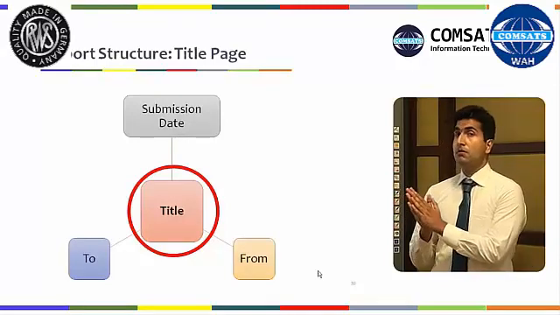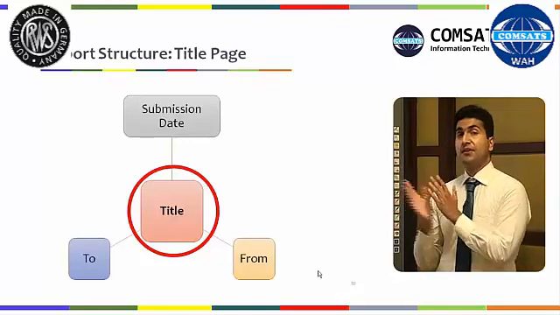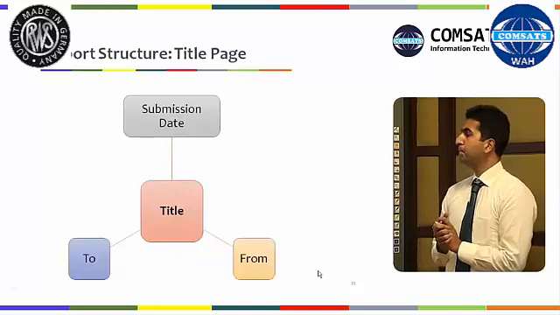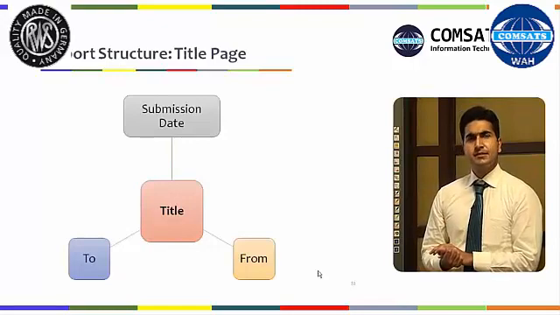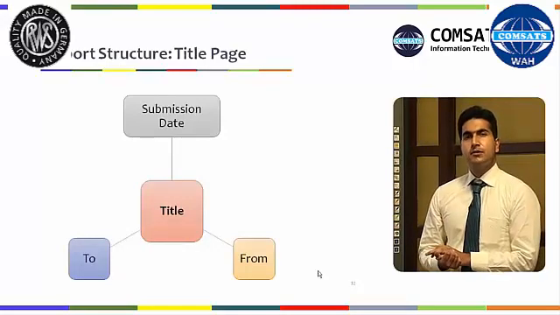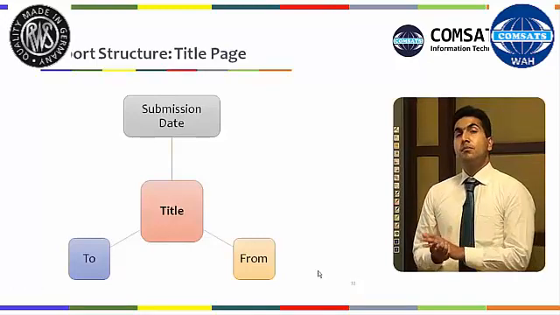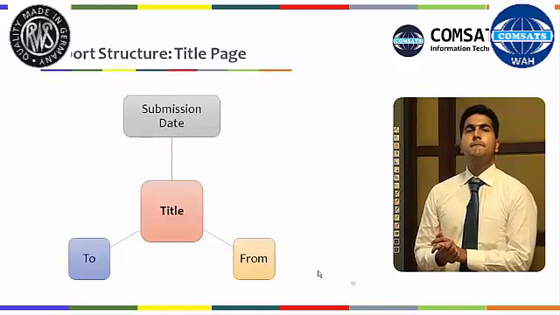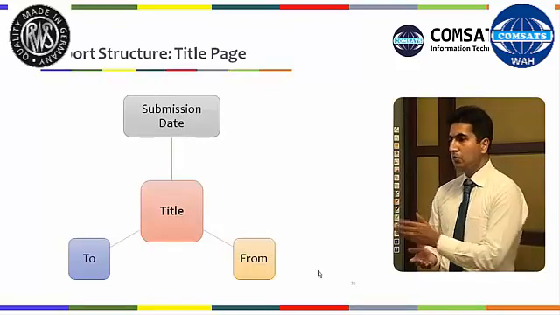Your basic title, what the report is all about, then the date of submitting that report, then who was the addresser, and lastly who was the addressee for whom that report has been written. So the details of all these 4 components are the essential part of your title page. Once it's there, we can move ahead.